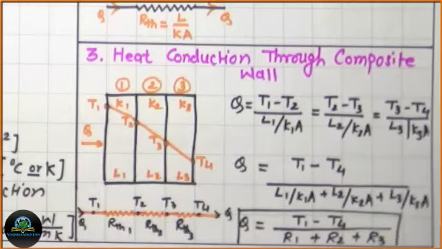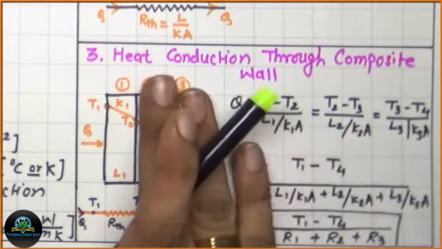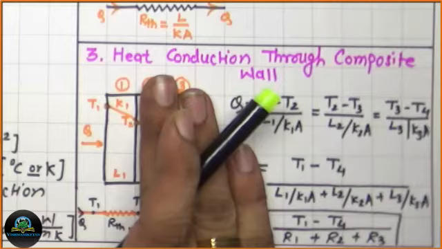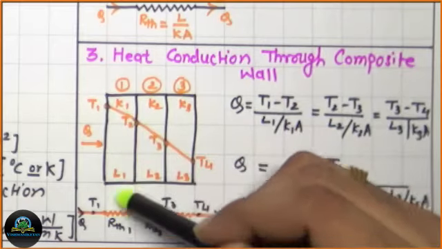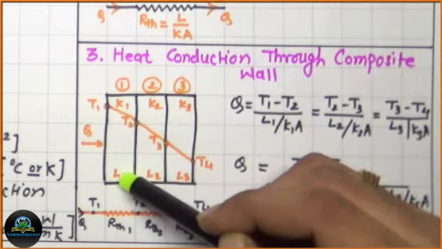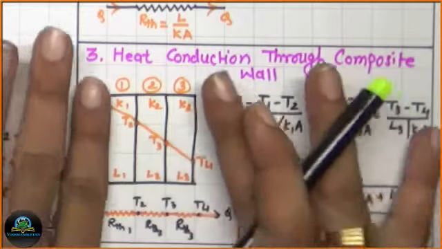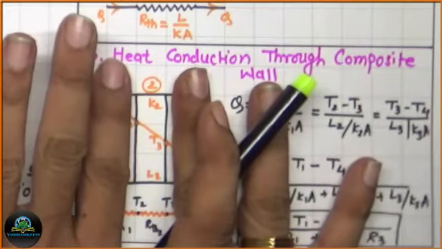Now if you want to find the heat conducted through this composite wall, consider the first wall. This wall is considered as a plane wall. To find the heat conduction through this wall, you just take the temperature difference, that is T1 minus T2 upon the thermal resistance, that is L1 upon K1 A. Now consider the second wall, the middle wall.